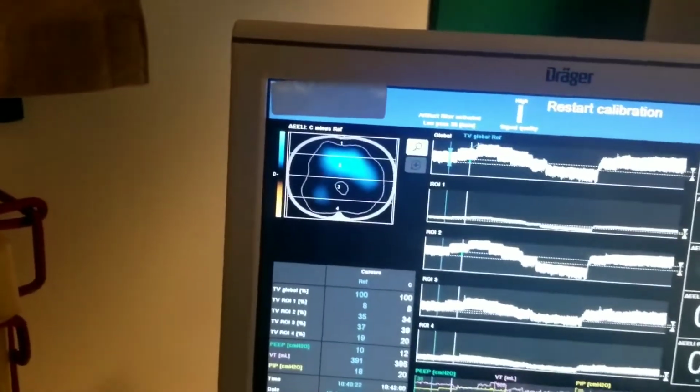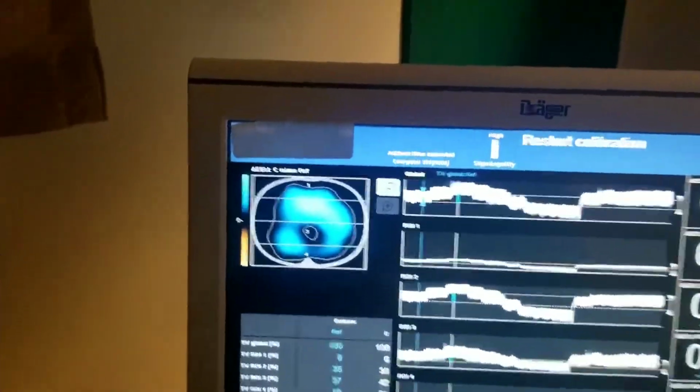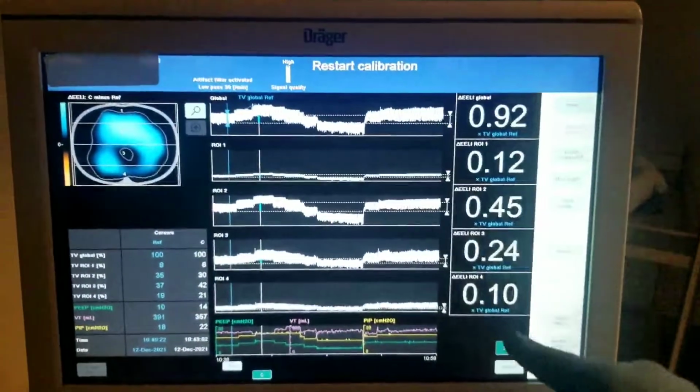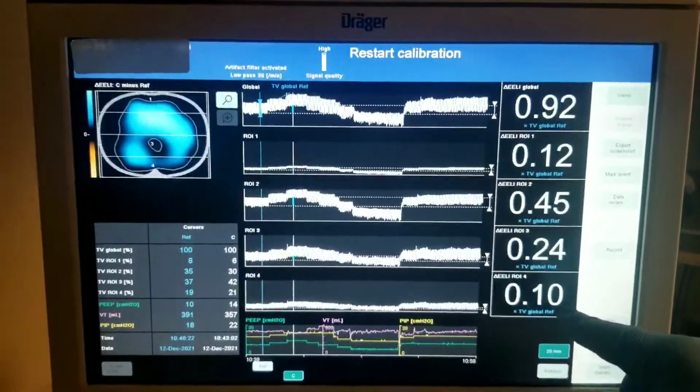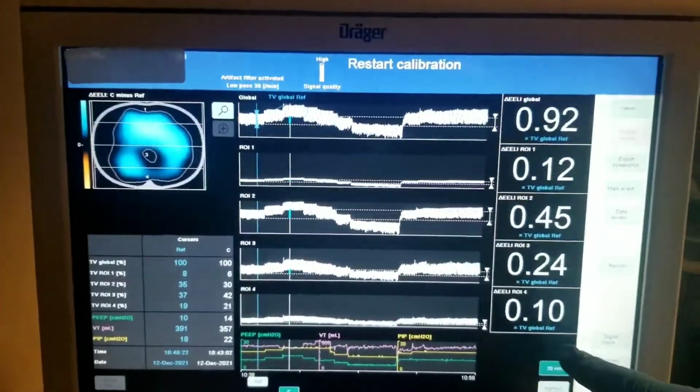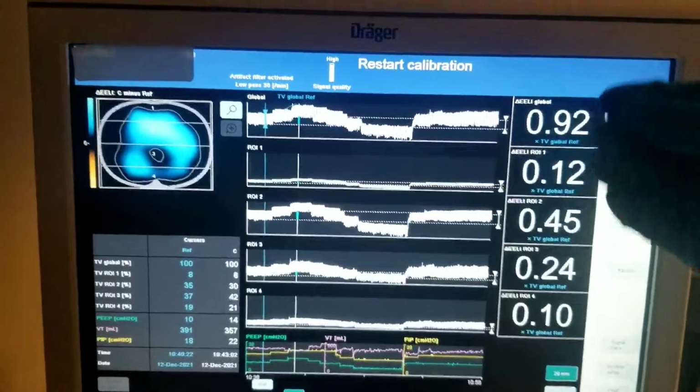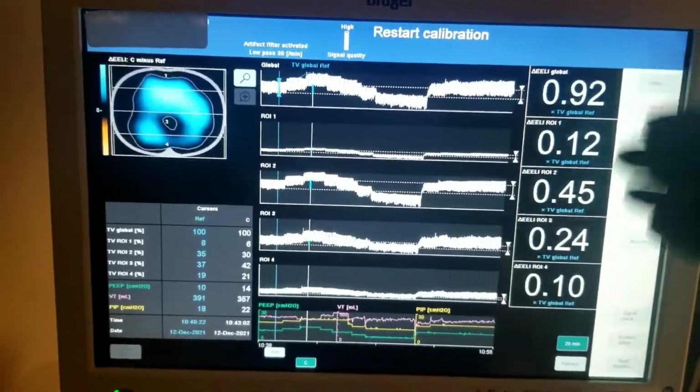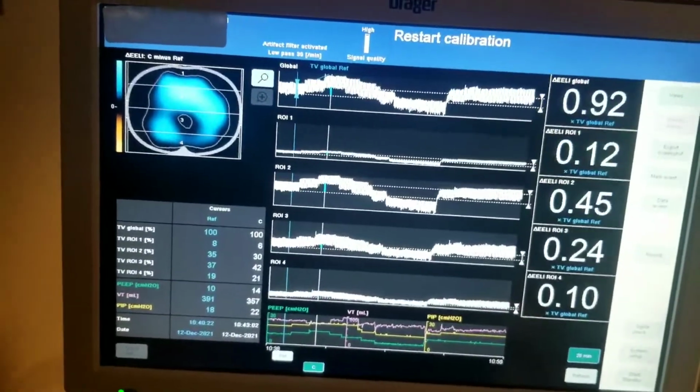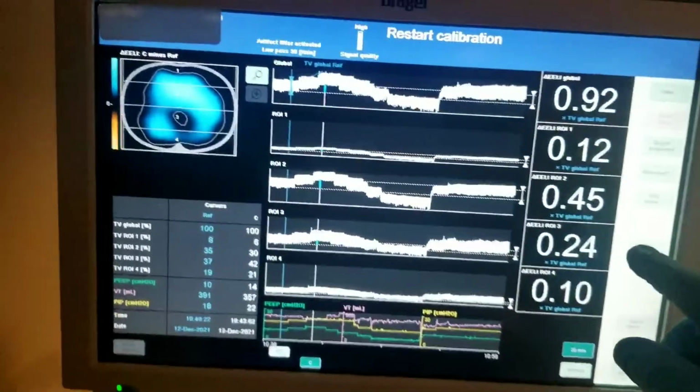Let's keep on scrolling. This is a pretty big gain, and the impedance values, remember, volume equals impedance equals volume. So with these positive impedance values, you know right away that that can translate into an actual increase in milliliters of tidal volume, or a residual volume at the end of expiration.